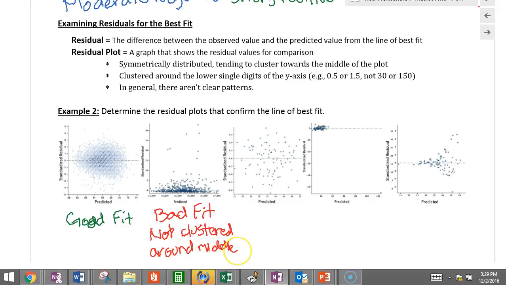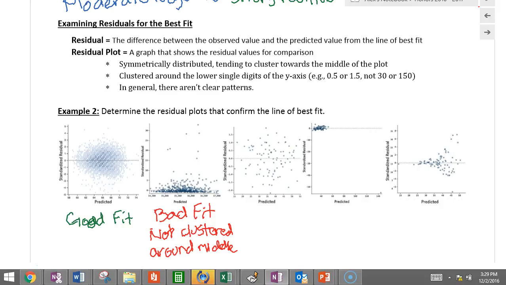So what that tells me is that a line is probably not the best function for that equation. It could also say that it's really bad correlation. If your residual plot looks like this, it could just mean there's not really a great correlation. You can't use a line. You can't really use anything, okay?